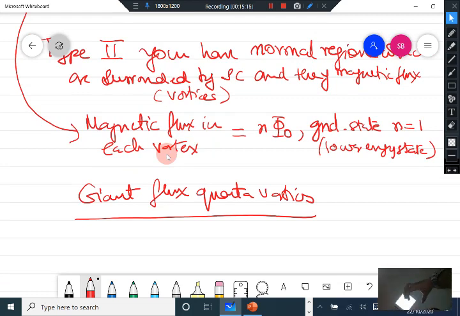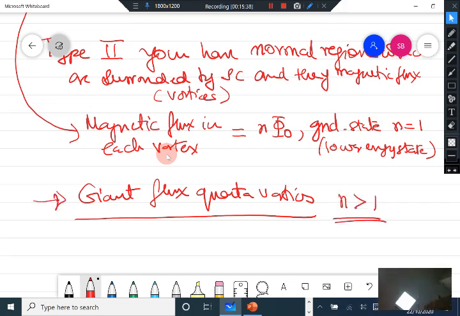For example, if you take a superconductor and make it very small, a nanostructured superconductor, and then try to push vortices into it, the vortices which are generated or stabilized inside could be giant vortices where n is greater than 1.